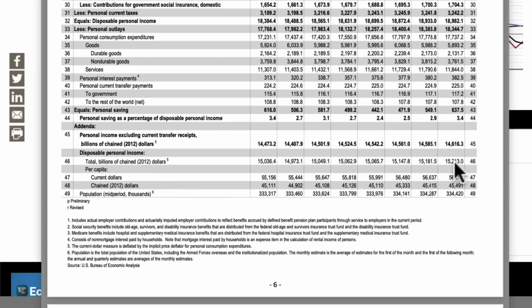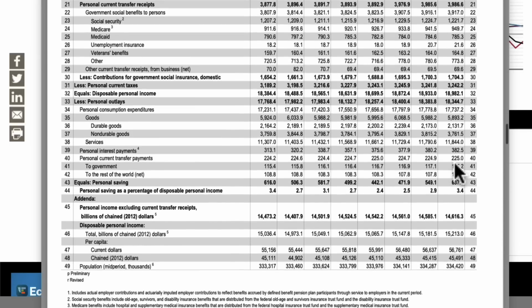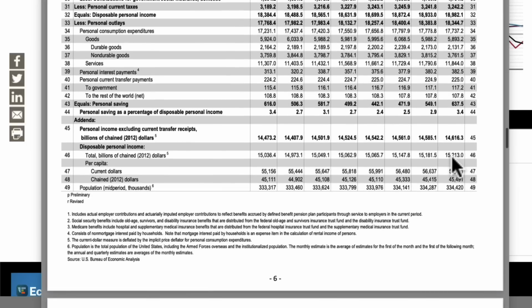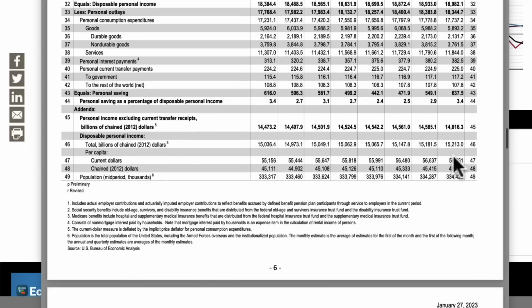This 15,213 is the same 18,982 adjusted for inflation. So that is a real increase, total billions of change, 2012 dollars. So that is a real number based on what 2012 numbers were. Then you can look at per capita in current and chain dollars. So this 58 will use the 18,982.